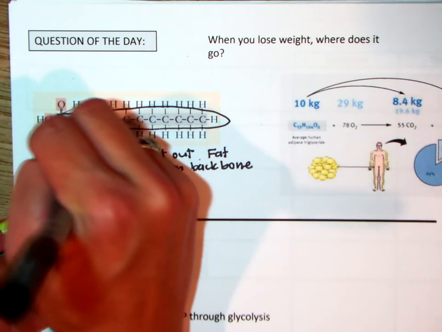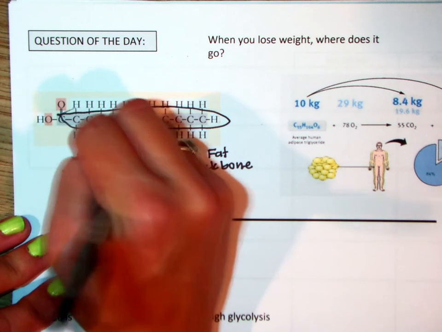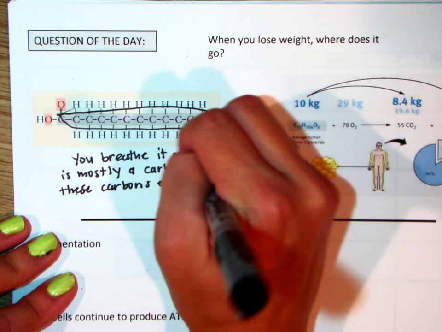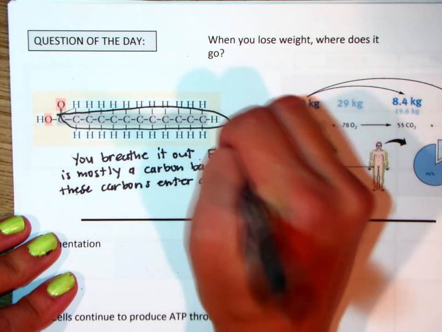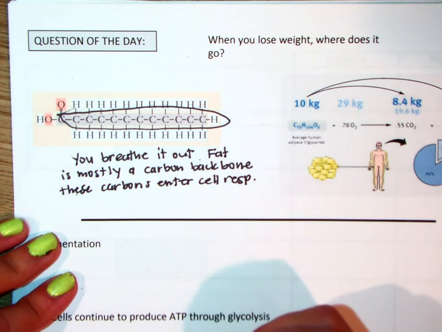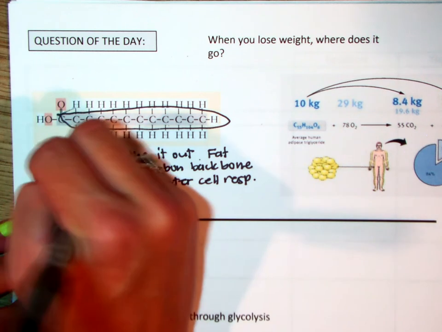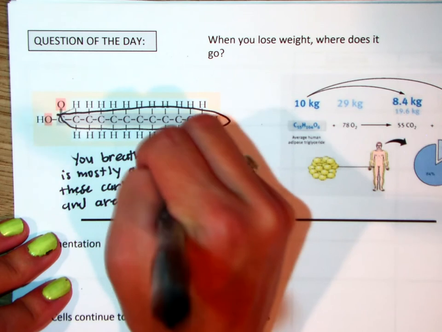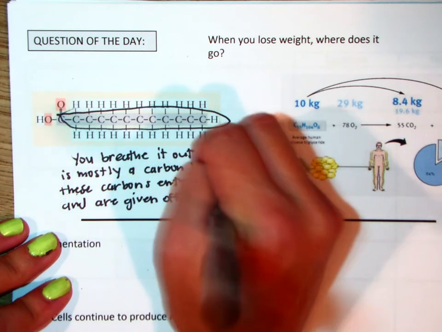These carbons enter cellular respiration and are given off as CO2.